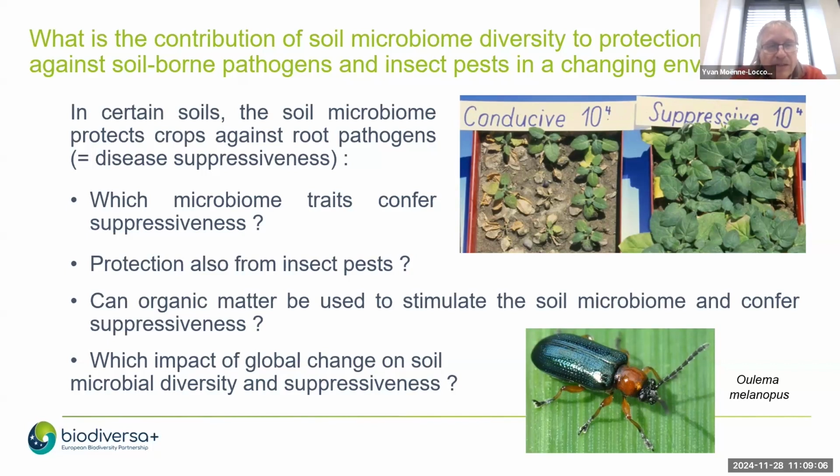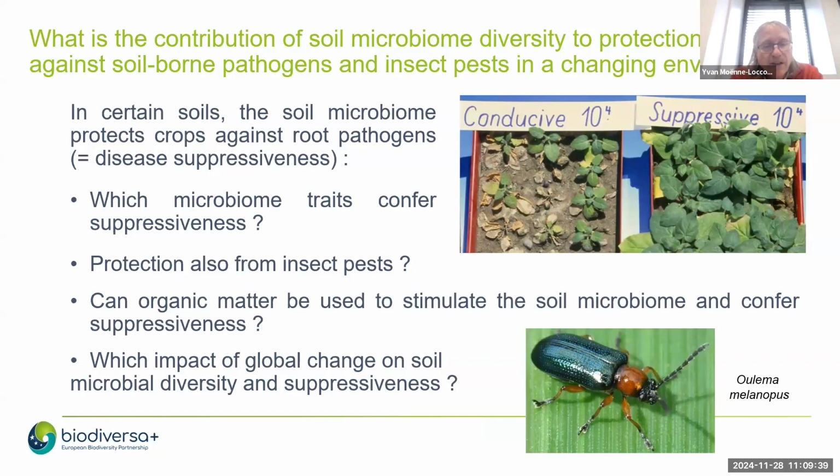So this concept of disease suppressiveness is not a new concept, but it's becoming very important these days. But the knowledge on disease suppressiveness remains patchy. So the question we asked ourselves was, which microbiome traits are associated with suppressiveness? Is this suppressiveness, which is typically assessed in relation to a particular type of pathogen, relevant as well when you consider potential damage that can be caused by insect pests?